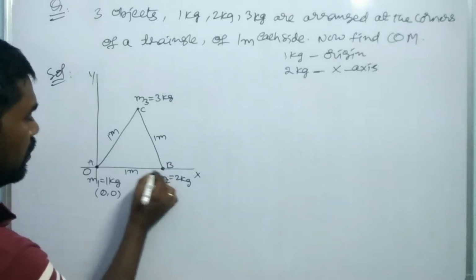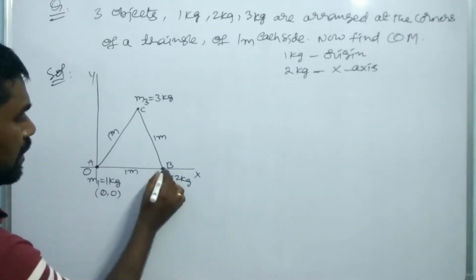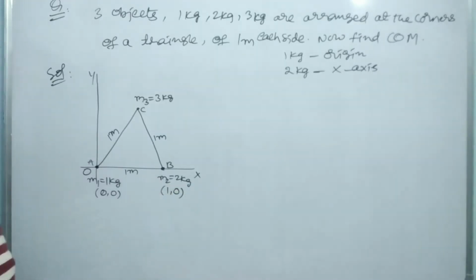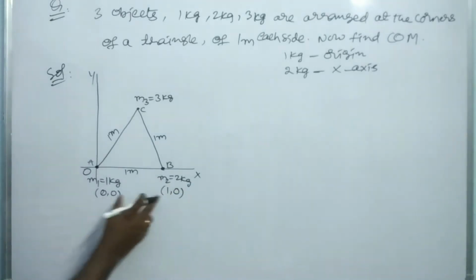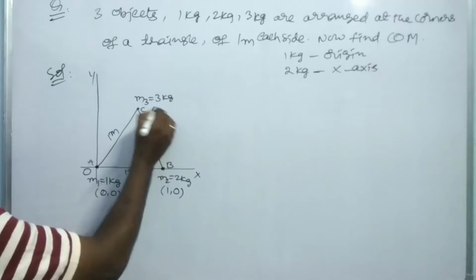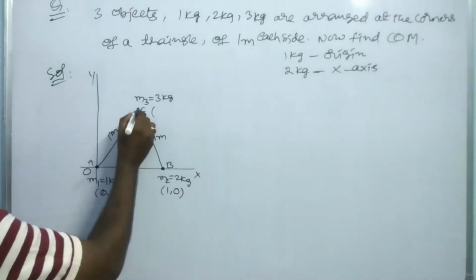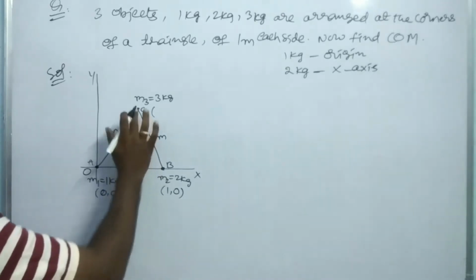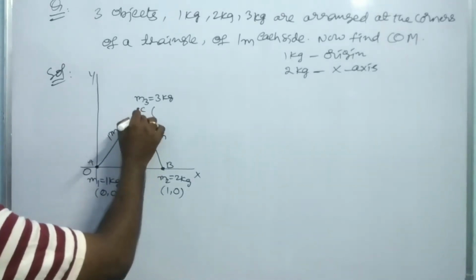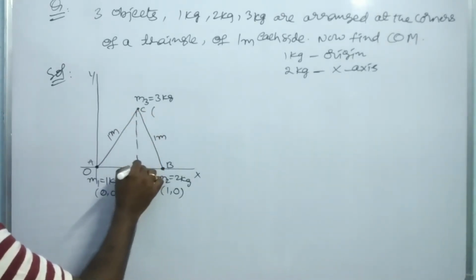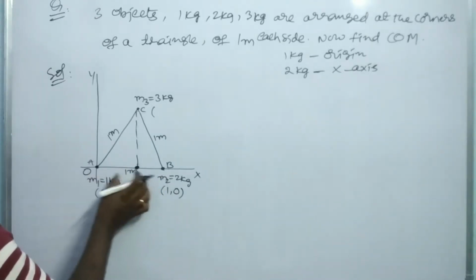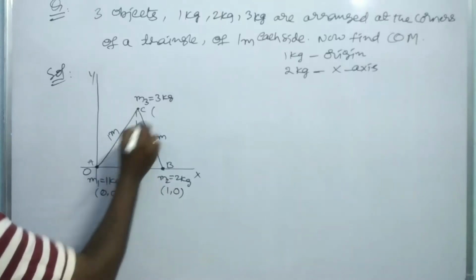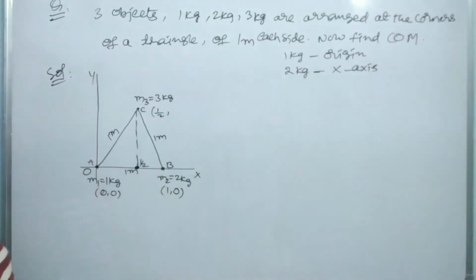From A to B there is 1 meter on the x-axis, and its y component is 0. For the third point, the x component is the midpoint of this side, which is half of 1 meter, that is 1 by 2 meter.